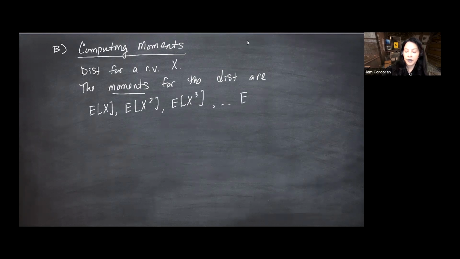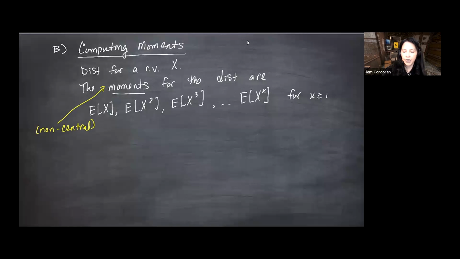So the expected value of x to the k for k greater than or equal to 1 and an integer. This is how we're going to define moments, but if you need to make the distinction, these are called non-central moments. So I might parenthetically stick that in here.